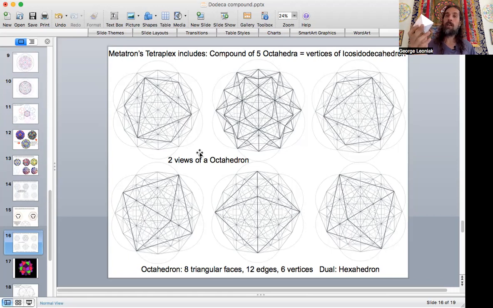This is your 6 around 1, the 7 circles. So you can easily draw this in your hexagon view and the seed of life, right? So there's your seed of life. And you can see here's that view that we're used to seeing. In this Metatron's tetraplex, it's turned to the side and integrates a little differently than we're used to in the seed of life. But we have this 6 around 1.